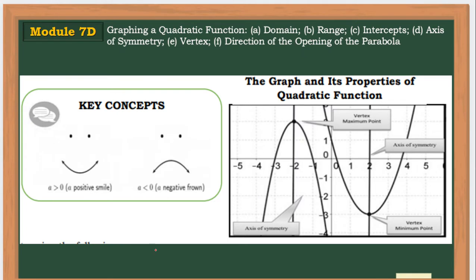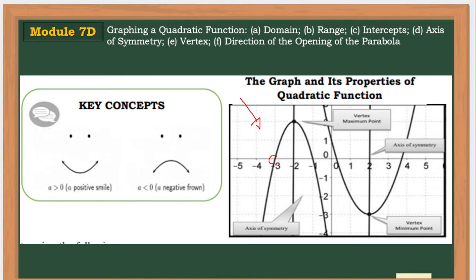So, pag a is greater than 0, naka-smile siya. Pag less than 0, pag negative siya, malungkot. So, itong graph natin, this is the graph for a negative value of a. Ito siya, opens downward. Ito ang vertex or the maximum point natin dun sa h, k. Okay? So, ito yung axis of symmetry natin.